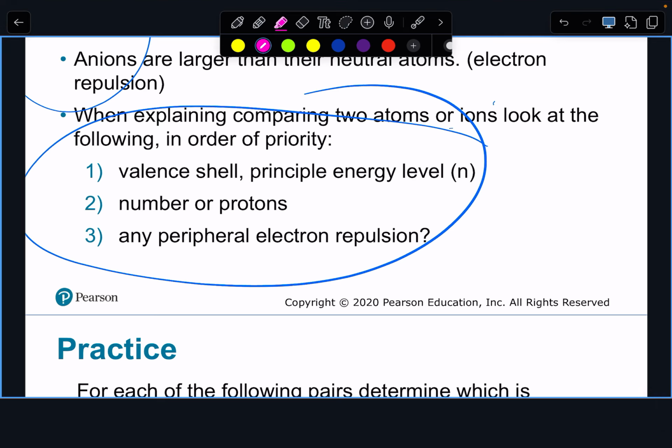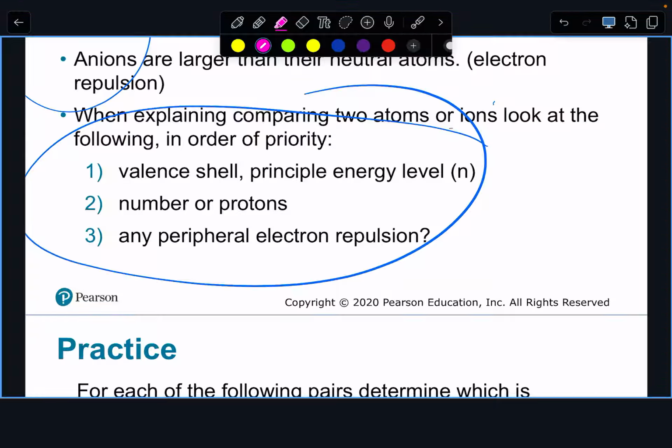So the valence shell, the number of protons, so those are the 2 things that are incorporated into Z effective, and then any electron repulsion. Okay, all questions about size, particularly when we're talking about ion size, can be decided using these 3 in an order of priority.